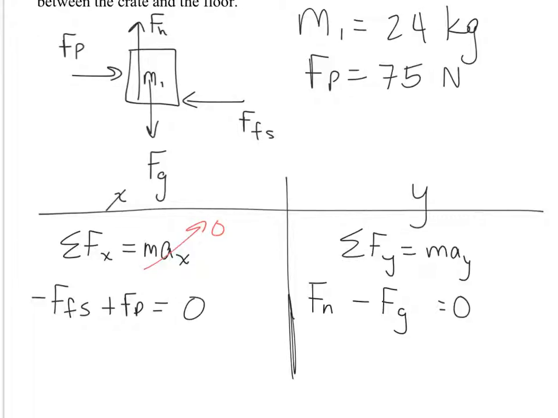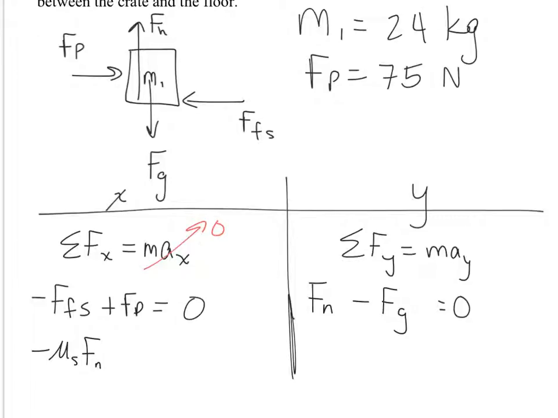Go to your last slide. What was the formula for friction? Yeah, so this is FF right here. So what I'm going to do is replace this with mu Fn. What is the S for again? Static mu. Mu always is going to have an S or a K, either one.